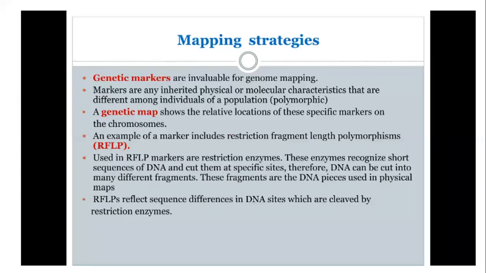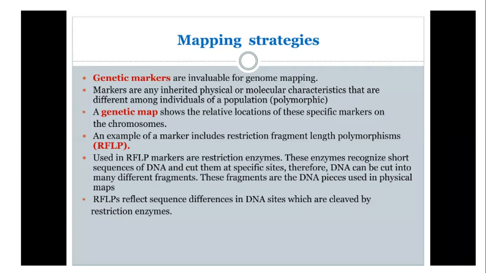For mapping strategies, there are different ways through which we can do this, and actually genetic markers can be used. What is a marker? A marker is any hereditary physical or molecular characteristic that differs among individuals of a population. A genetic map shows the relative locations of these specific markers on the chromosome.